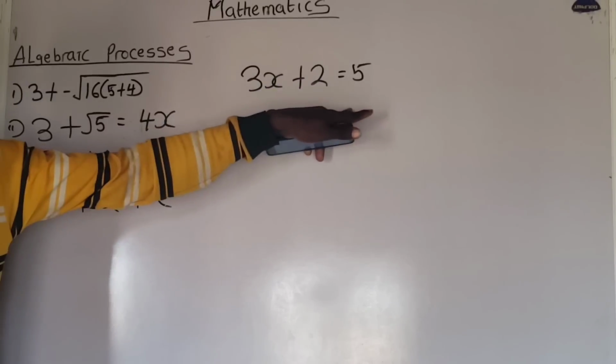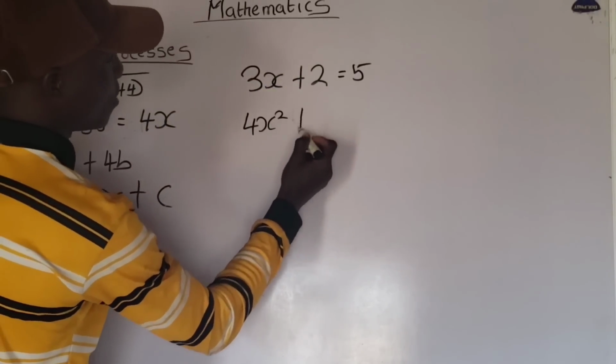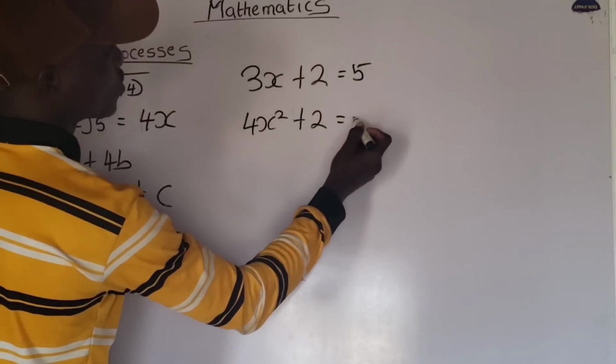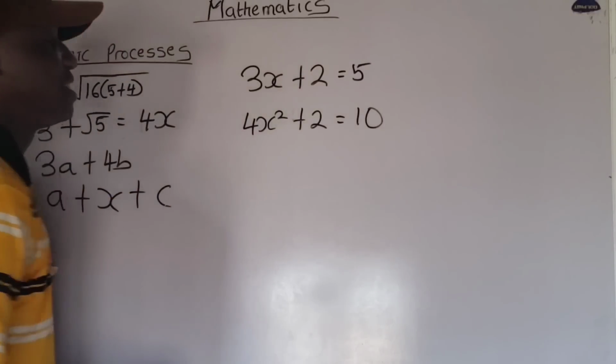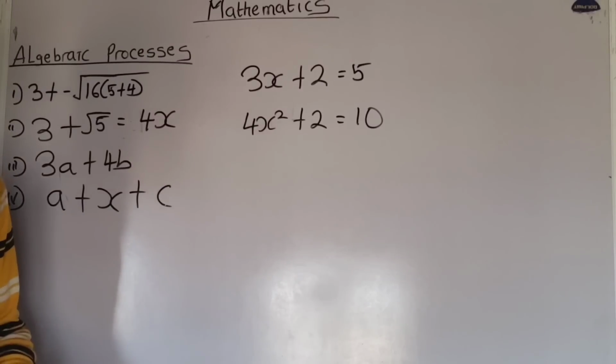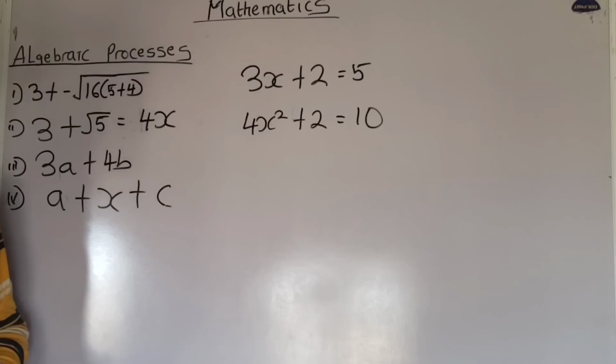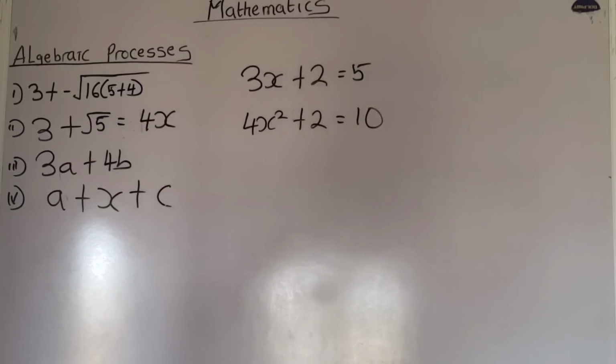So this is a simple linear equation. If I have something like 4x squared plus 2 equals 10, this is not a simple linear equation, because the highest power of the unknown, which is x, is 2. So for us to call an equation a simple linear equation, the highest power of the unknown must be 1. Please pay attention.